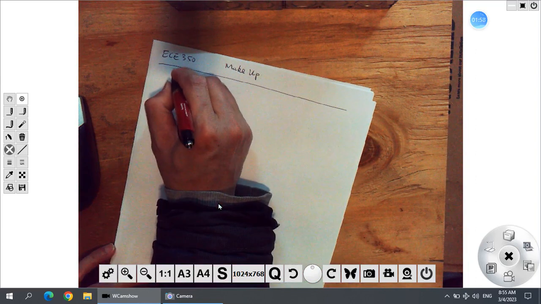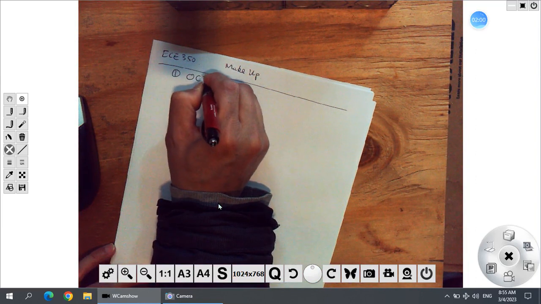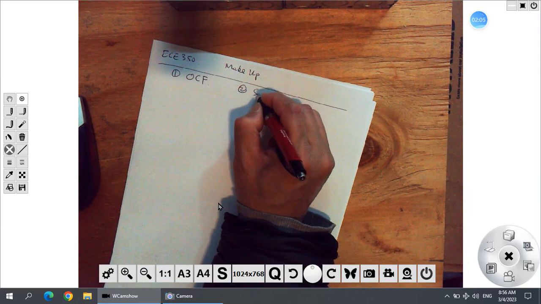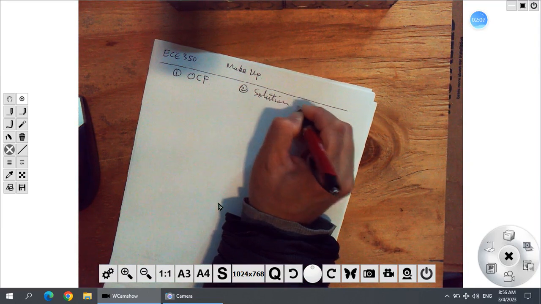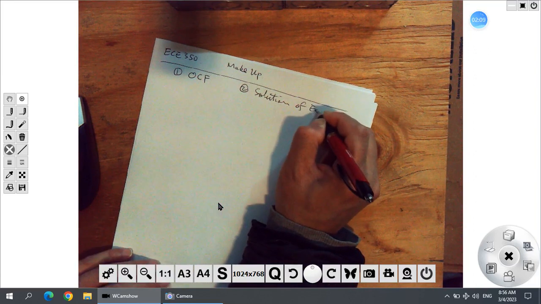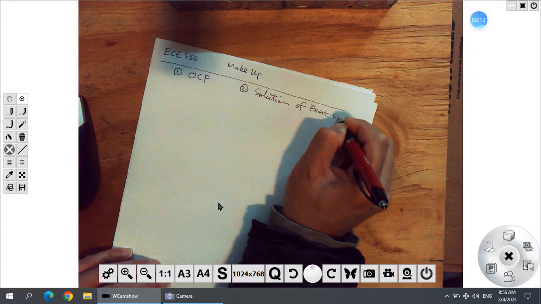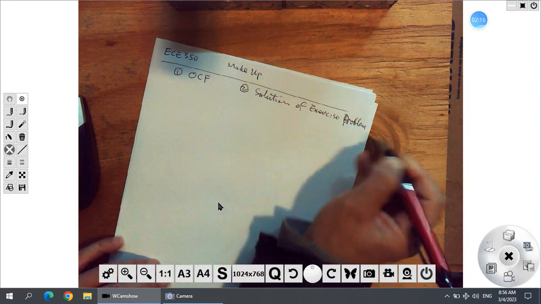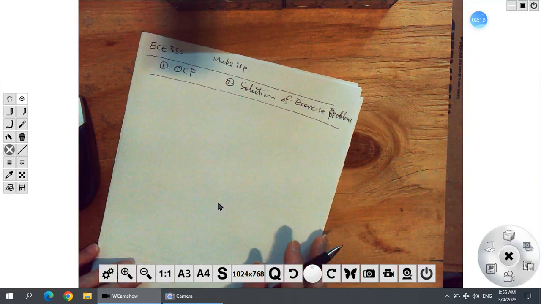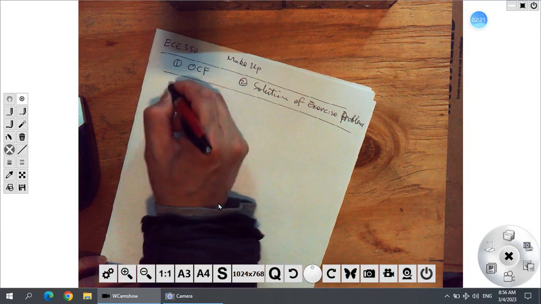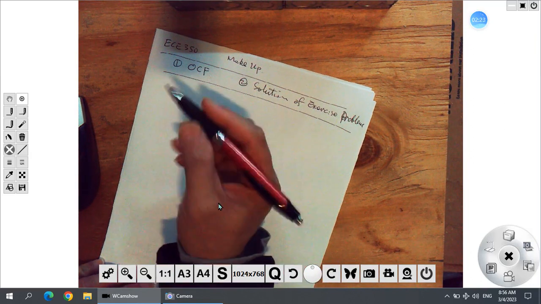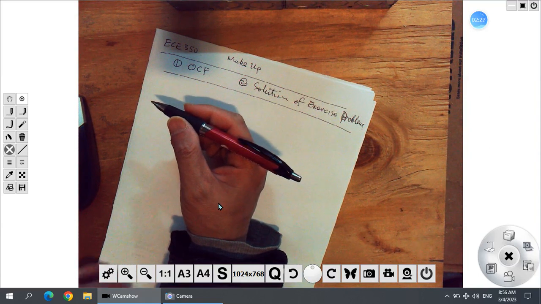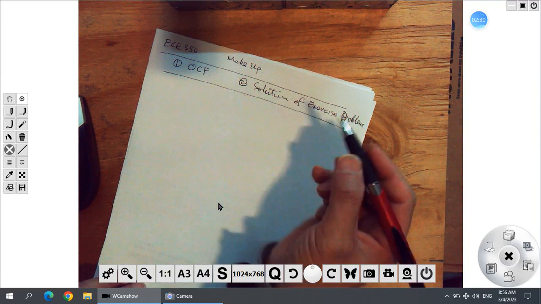One is OCF, one is the solution of the exercise problems. For OCF, last time we gave the definition of OCF, and we also gave a method to find the OCF. Let me use an example to explain it.